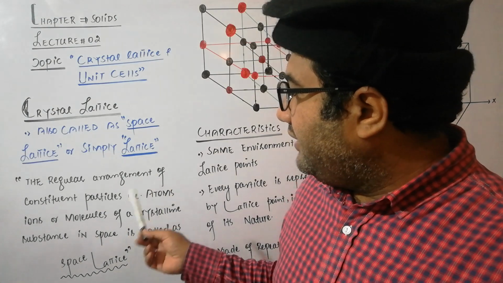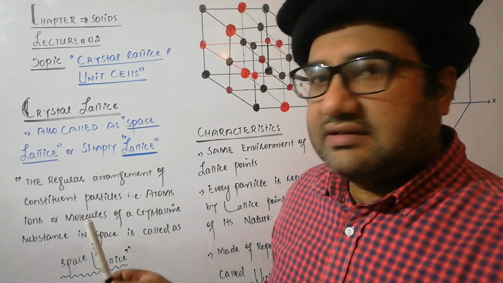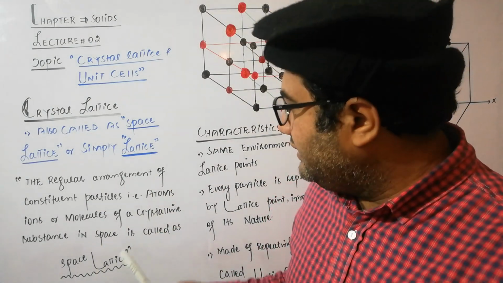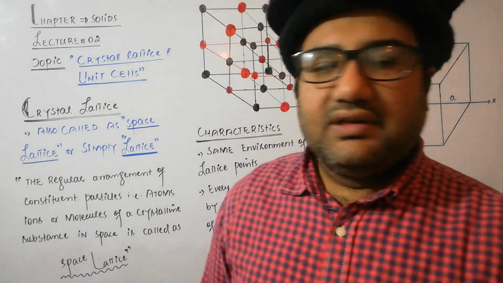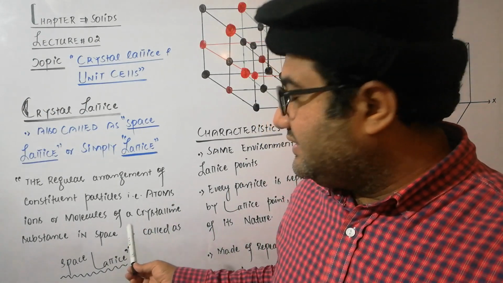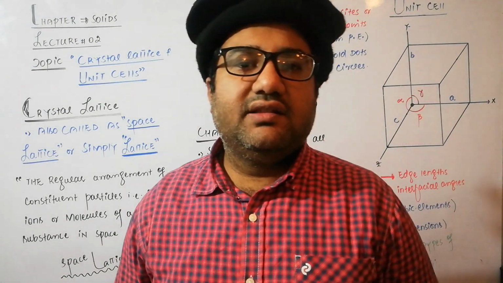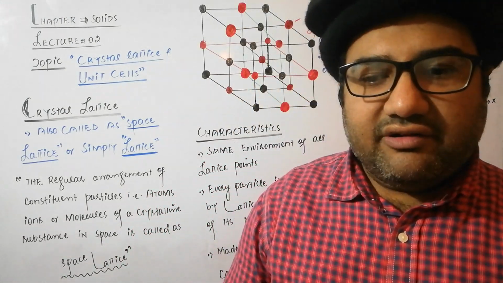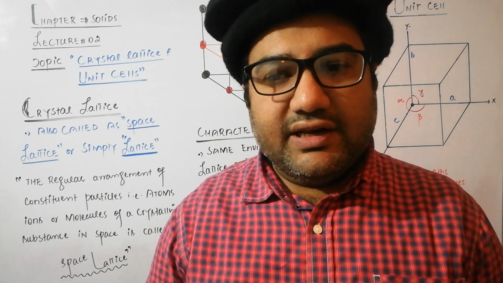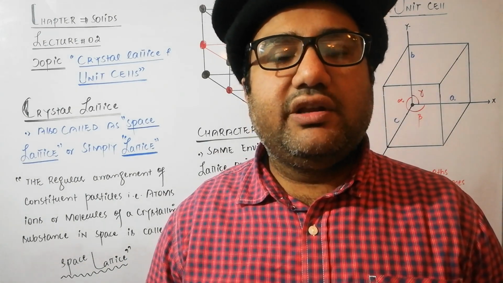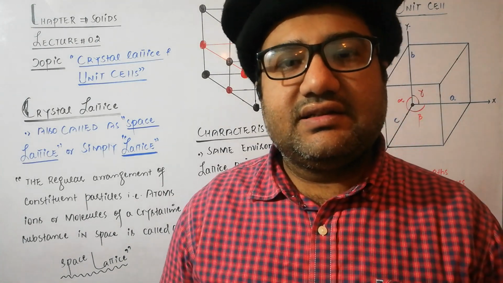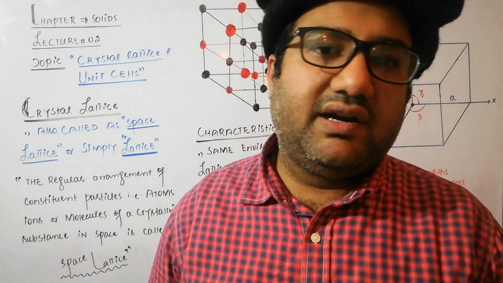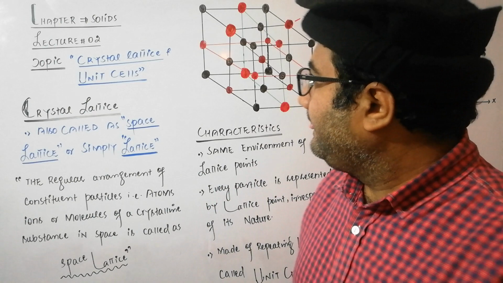The constituent particles may be atoms, ions, or molecules of a crystalline substance in space. In space means in three dimensions. So that regular arrangement of the atoms, ions or molecules in three dimensions is called space lattice, crystal lattice, or simply the lattice.